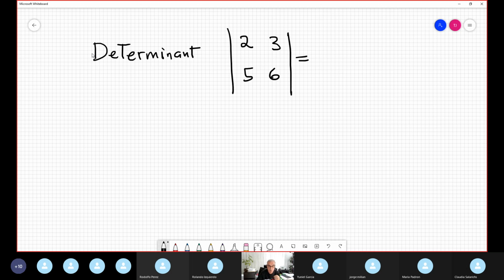Let me explain the idea. Determinant is like a function, and you give it a matrix. By the way, it's only applied to square matrices.